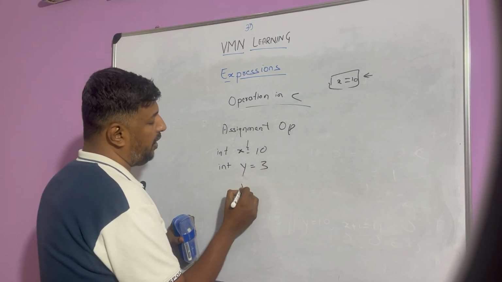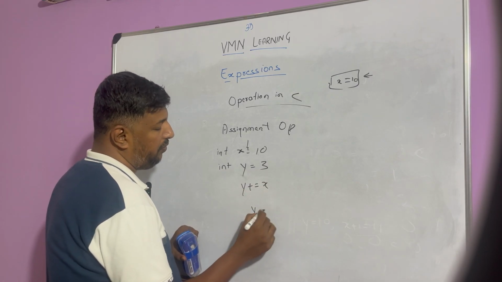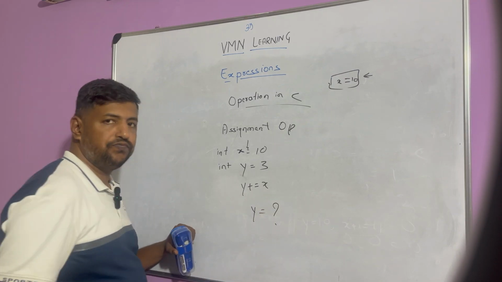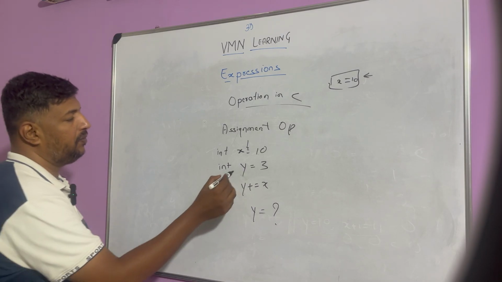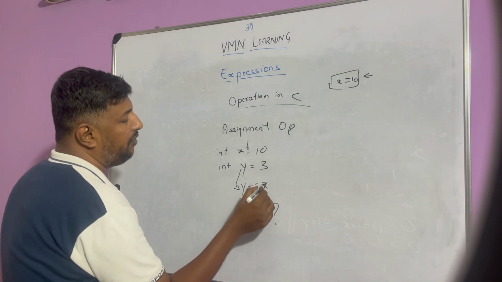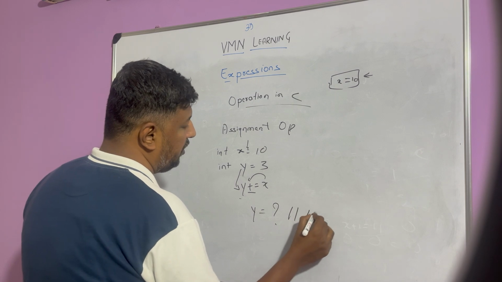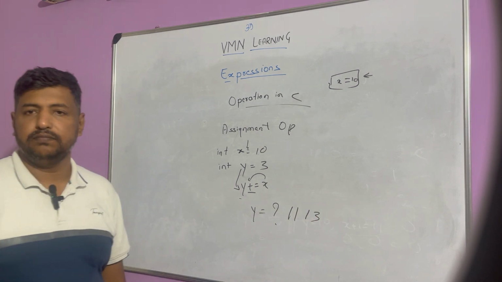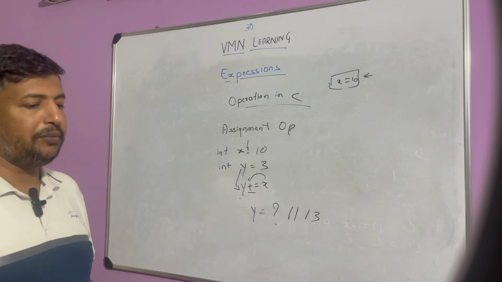Next if I say y += x, what will be the y value? This time the y value will be retained first, then it will be added with this number. So the value will be 13. Okay. So these are assignment operators.